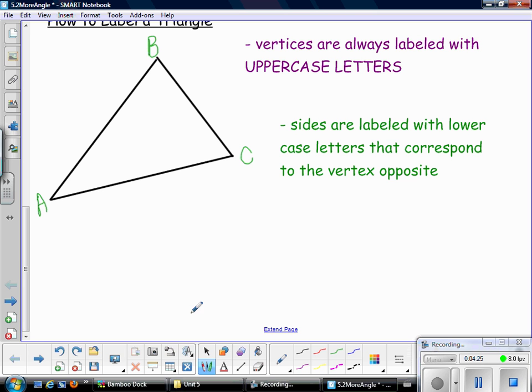So what that means is side a is directly across from angle A. So we use lowercase a, for B we use lowercase b, and for C we use lowercase c. Okay, and that is a standard practice when we're labeling triangles. You'll see that in grade 10, you'll see it in grade 11, 12, and after you leave high school too, if you're still working with trigonometry, that is a standard practice.